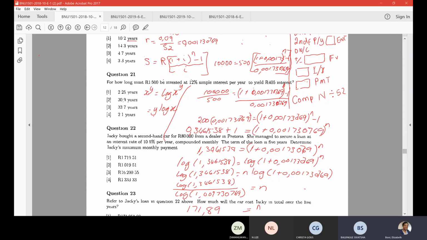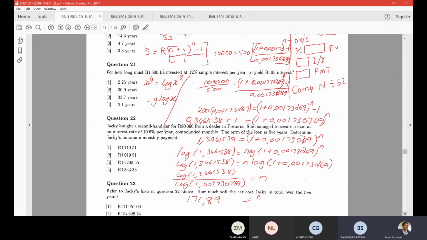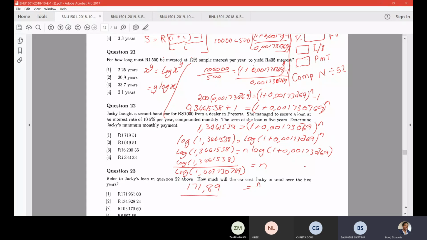But that is not the answer. We must adjust for the compounding period. So we divide this by 52. So you'll have to divide the answer by 52, and the answer we get will be n is equal to 3.3.